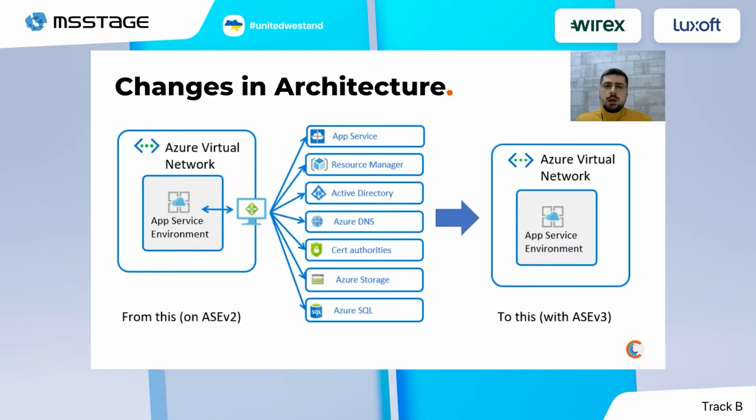Also, ASEv3 has several minor changes in the system architecture that serve to remove all management traffic from the customer VNet. The end result is a single tenant system that has no internet hosted dependencies in the customer network.